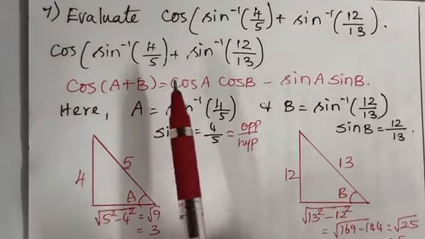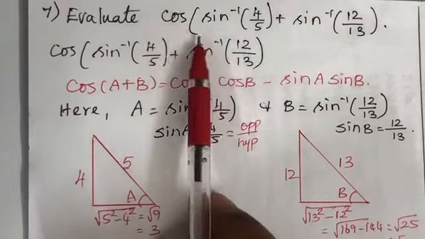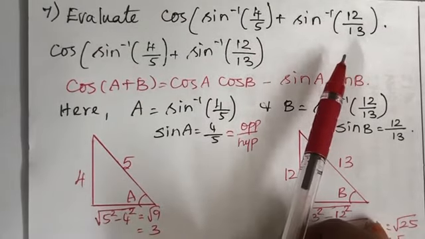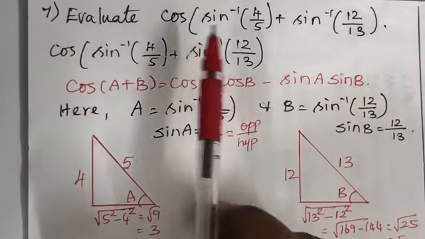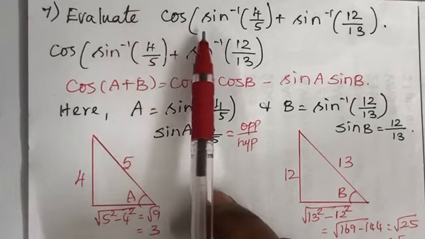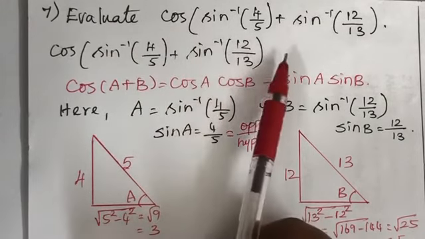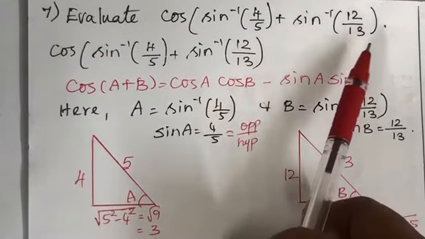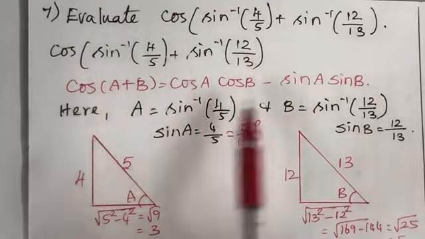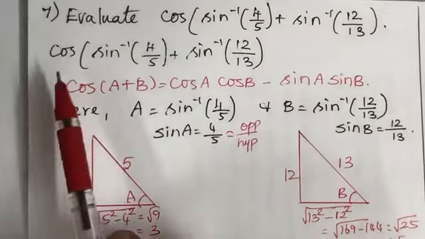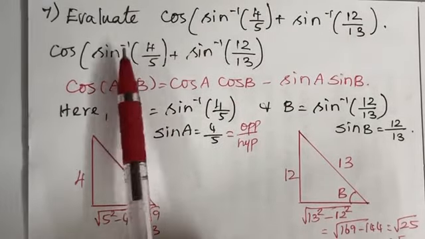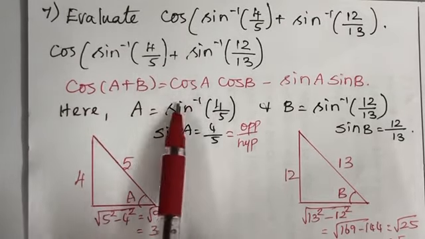Seventh question. Evaluate cos of sine inverse 4 by 5 plus sine inverse 12 by 13. We have to find the value for this. So cos of the sum of two values, I can use the cos A plus B formula.